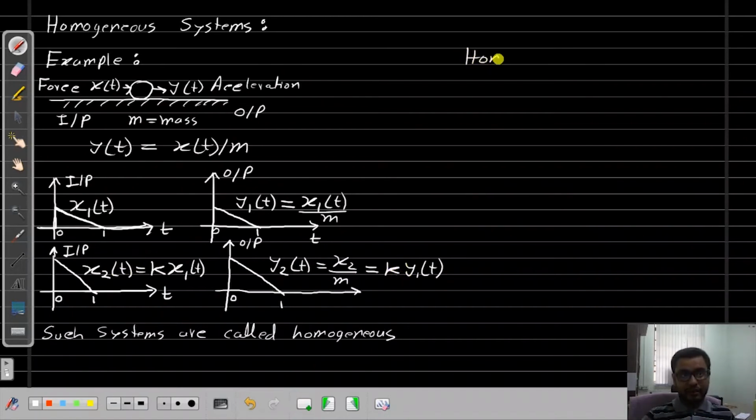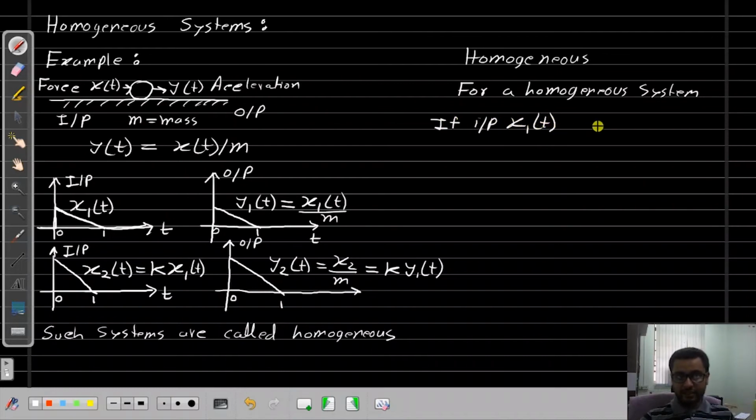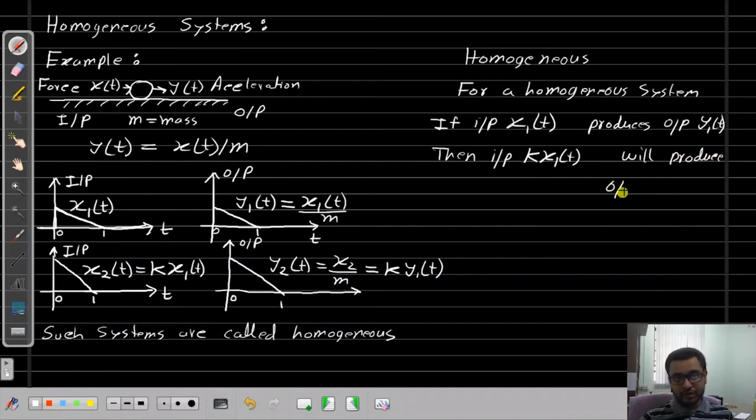Let me write it formally. For a homogeneous system, if input x1 of t produces output y1 of t, then input k times x1 of t will produce output k times y1 of t.